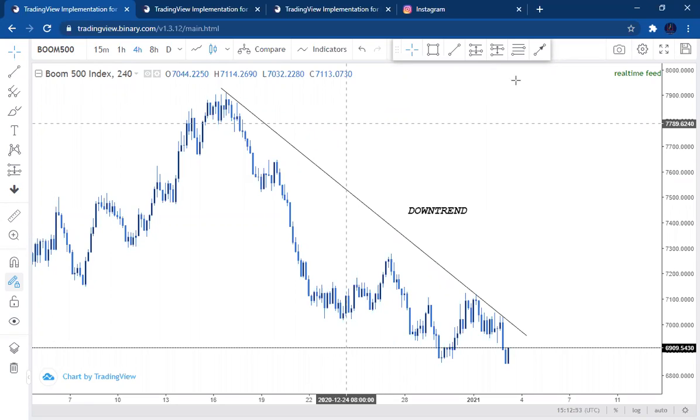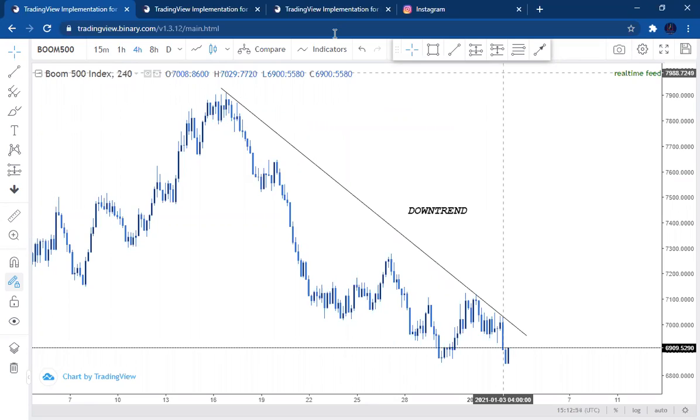So the first rule is you need to identify the first point, the second point. The minimum point required for you to be able to draw a valid trend line is just 2 points.